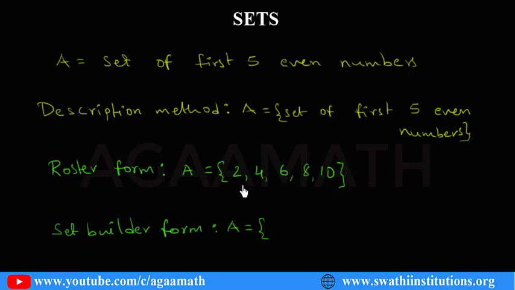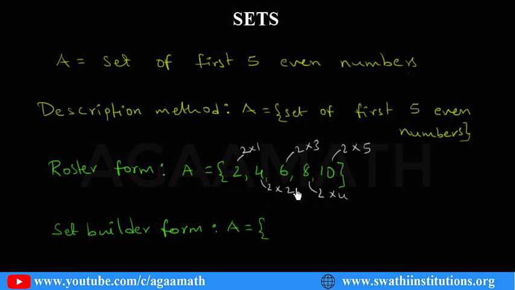For example, 2 is written as 2 into 1, and this is 2 into 2, and this is 2 into 3, and this is 2 into 4, and this is 2 into 5. Means if you observe 2 into something, 2 into something, means these are even numbers.